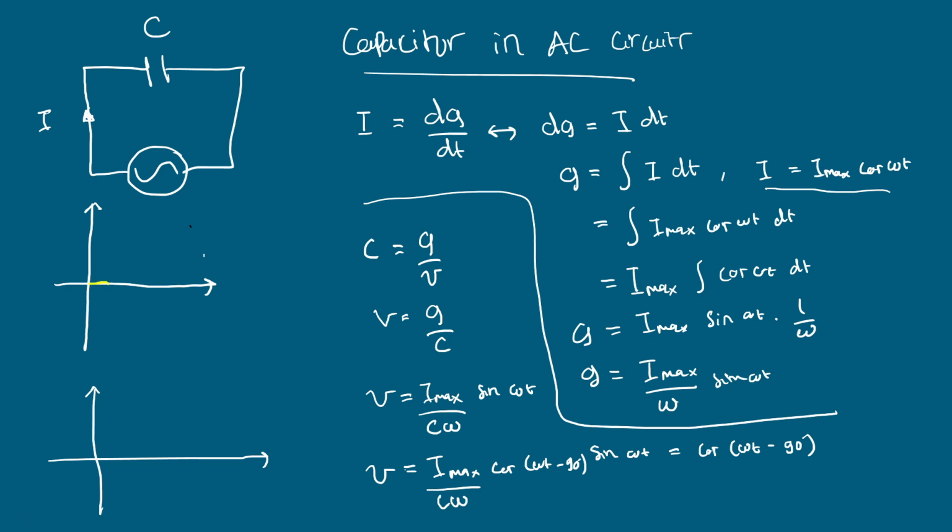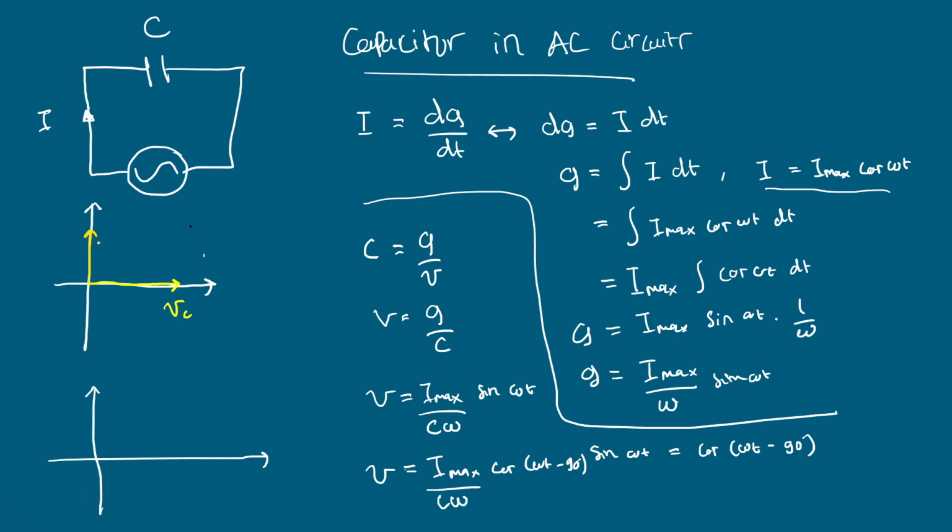Let's say that the voltage is right here. This is VC, to symbolize the voltage in the capacitor. And then we're going to have IC, which leads the VC.